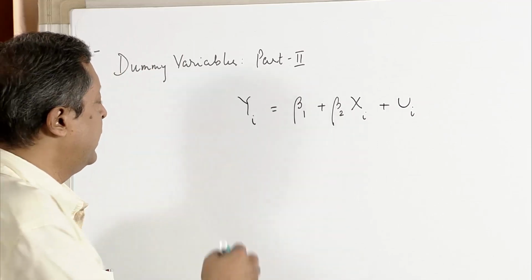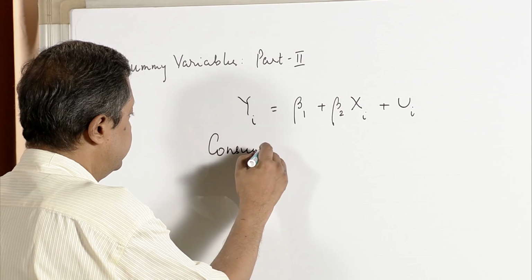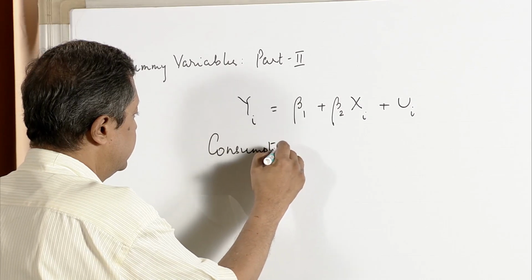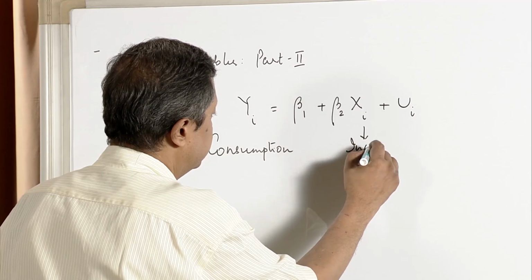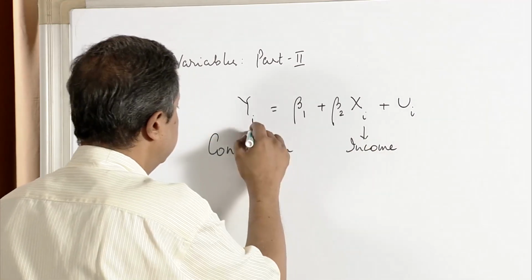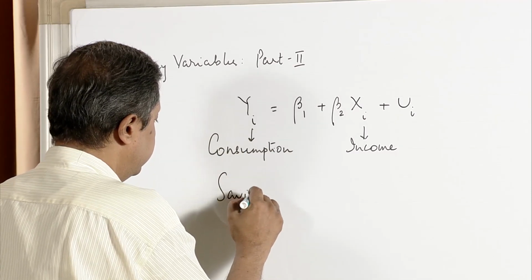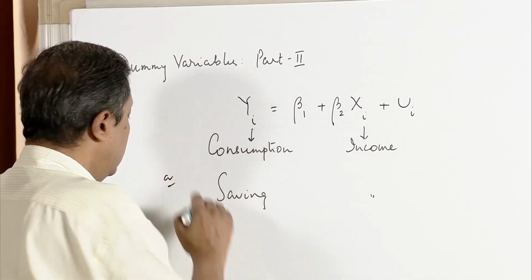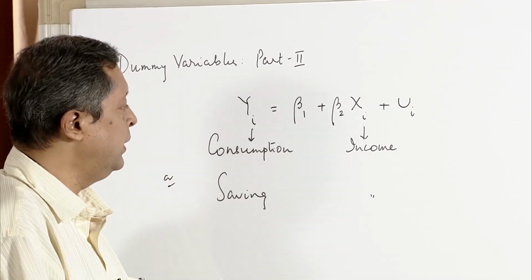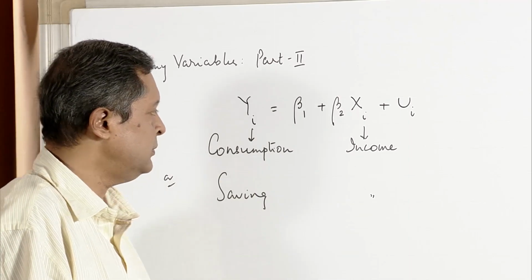For example, this might be consumption, and this might be income. Or this might be saving, this might be income. So, we are trying to see the relation between income and saving or income and consumption.